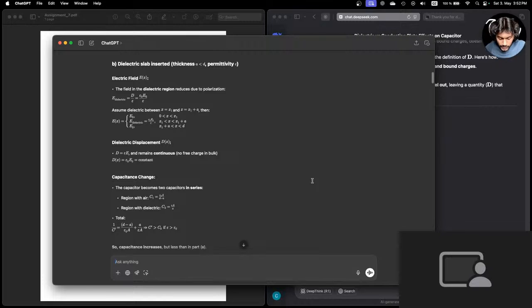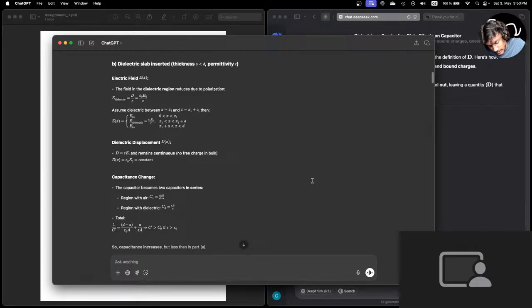So D of x equals epsilon 0 E 0. No, D of x equals E of x if x is between 0 and x1.